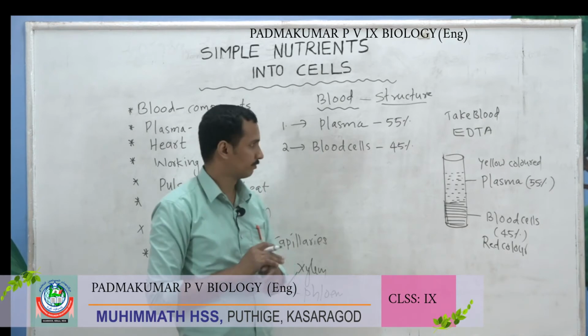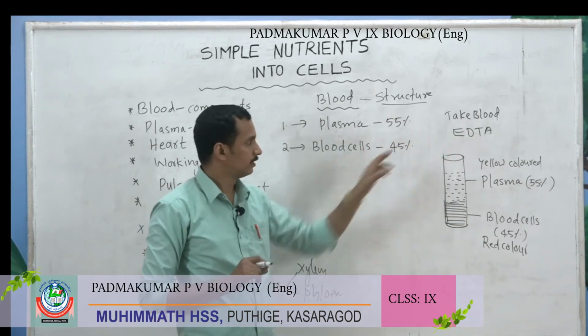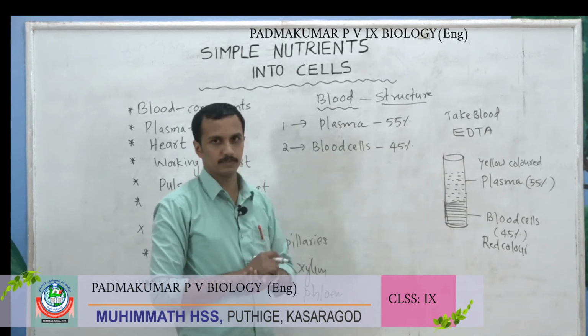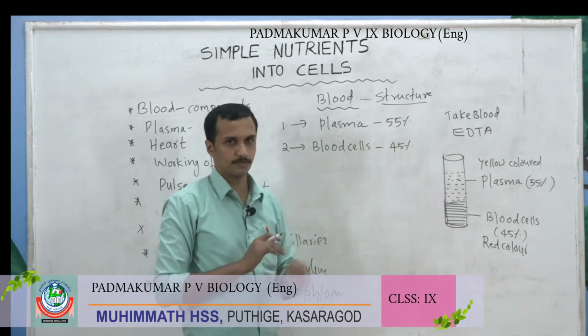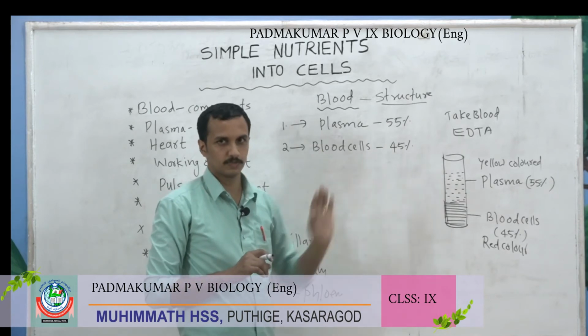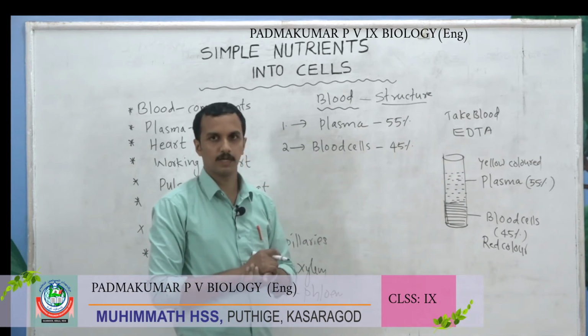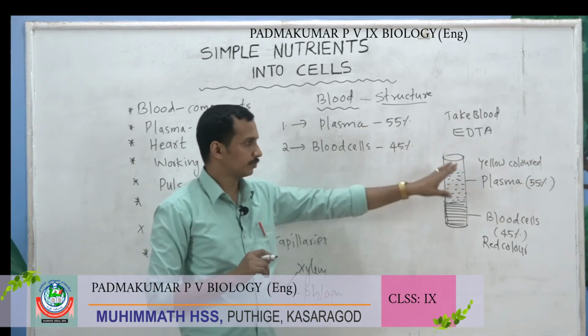Have you understood what it is? You have to take a clean test tube, then take a sample in that test tube, then add a little amount of EDTA, then shake it well, and keep the test tube containing blood and EDTA without disturbing. After a few minutes you can see two regions.